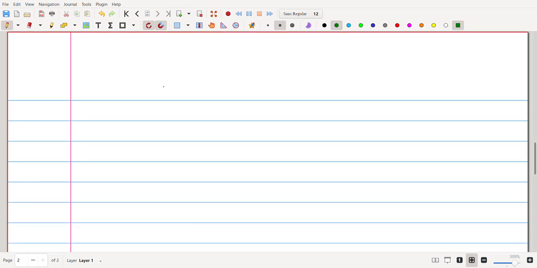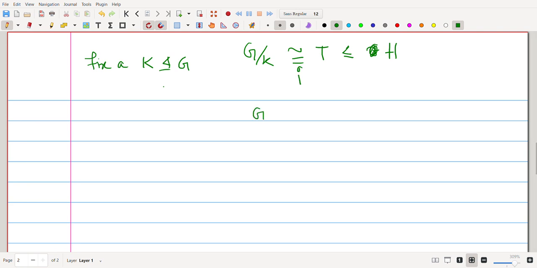So fix a K normal in G, look at G mod K, and say it is isomorphic to T, which is a subgroup of H, and say this isomorphism is I. Pick one isomorphism, I.